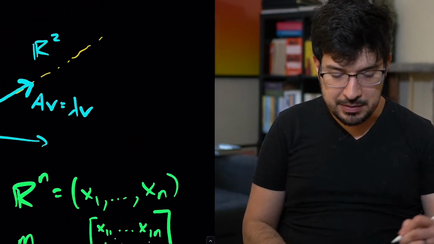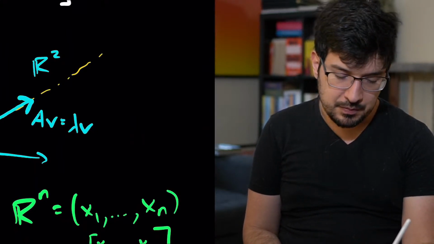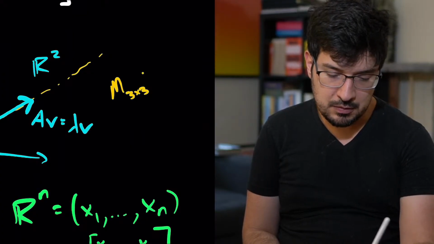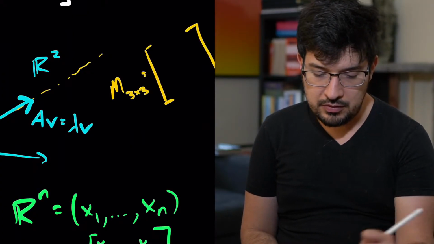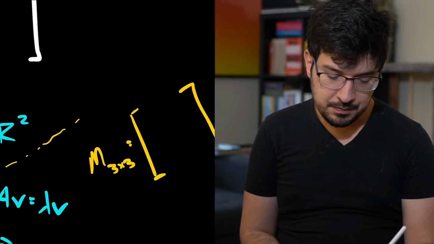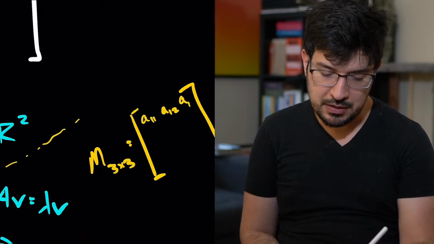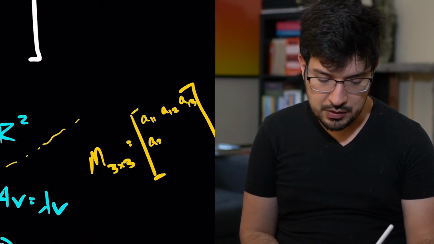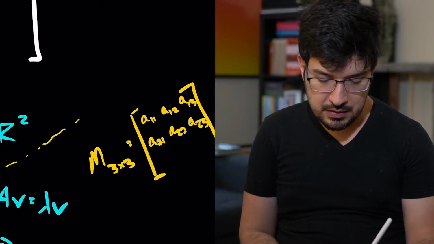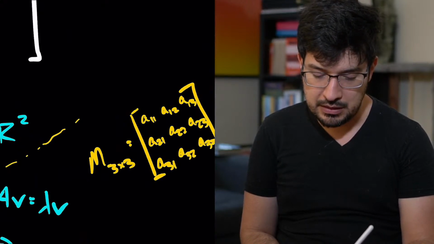So you asked about a 3x3 specifically. A 3x3 matrix is 3 rows and 3 columns. I'll use A11, A12, A13, A21, A22, A23, A31, A32, and A33.